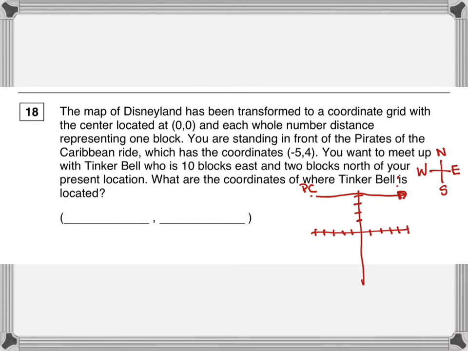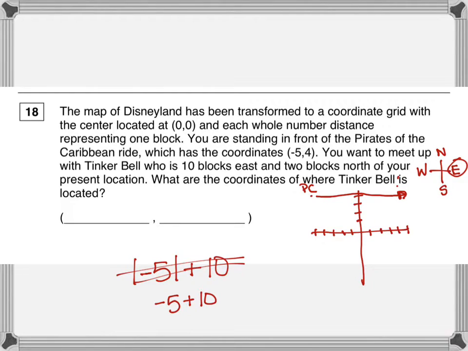All right. So my x coordinate, so I've got -5, and I'm adding 10 blocks. Scratch that. It's not absolute value. I'm at -5, and I'm going 10 blocks east.